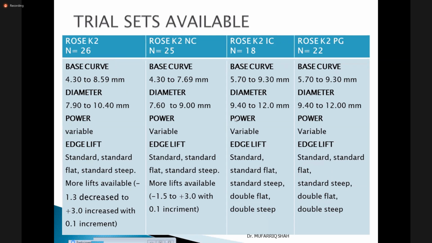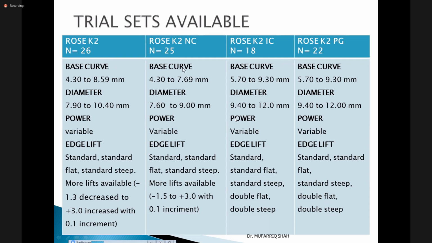The edge lift includes standard flat, standard steep, and more edge lifts are available. These range from minus 1.3 decrease to plus 3 increase with 0.1 increment. So we will discuss these later.